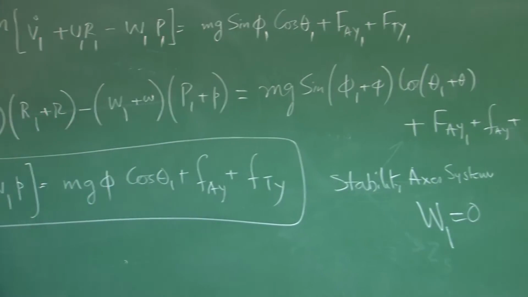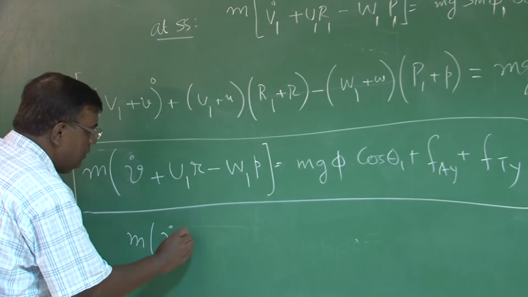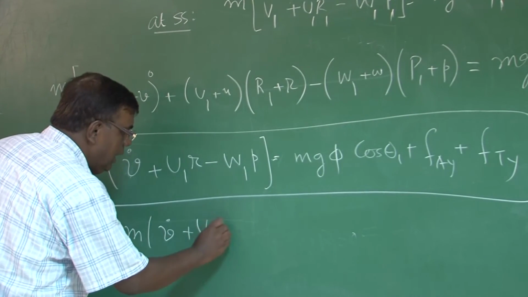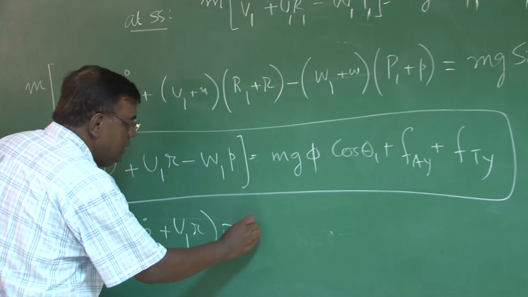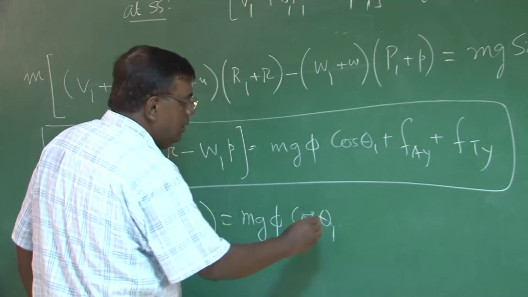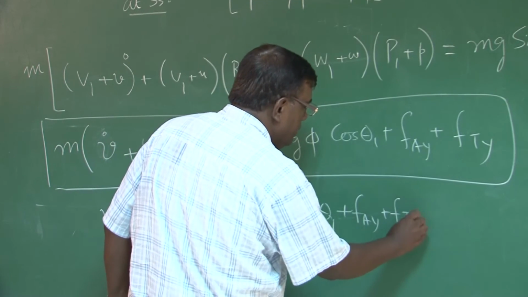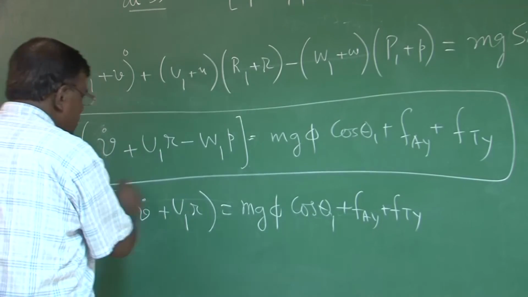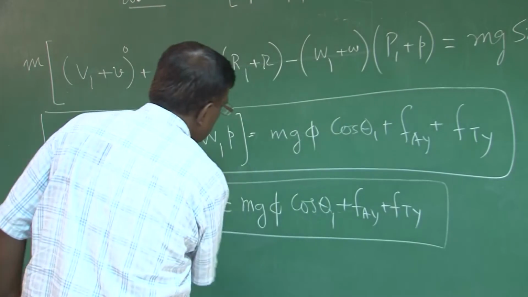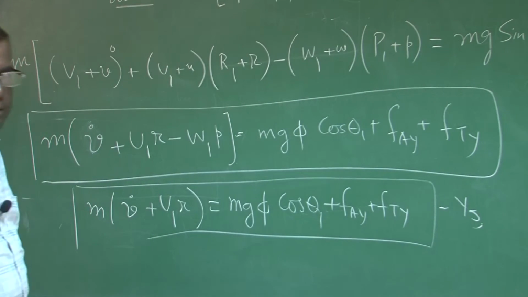So this equation further gets simplified to M V dot plus U1 R equal to mg phi cos theta 1 plus f_ay plus f_ty. This is the second equation, which is along the y-axis, but we will say yes, stability axis.